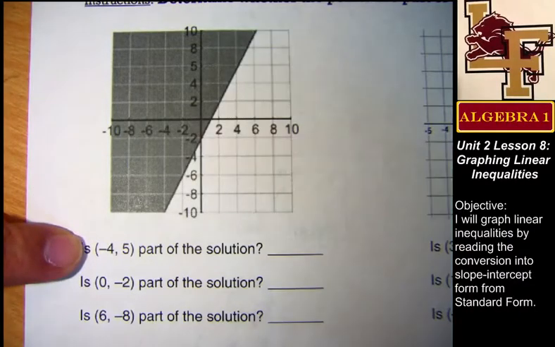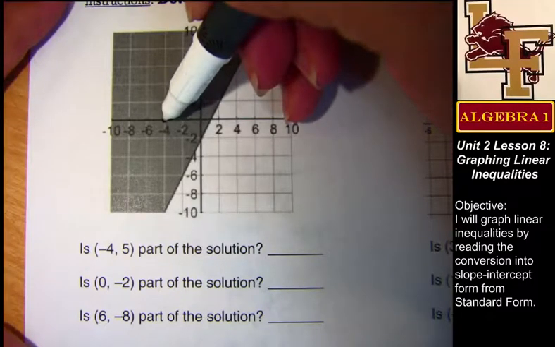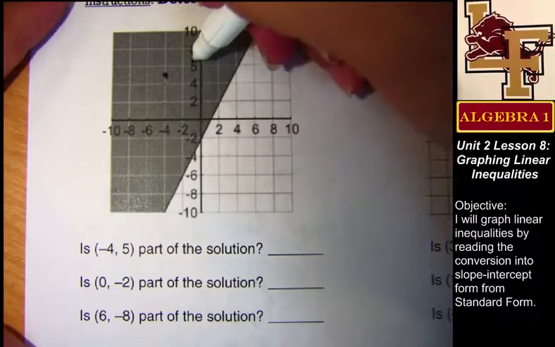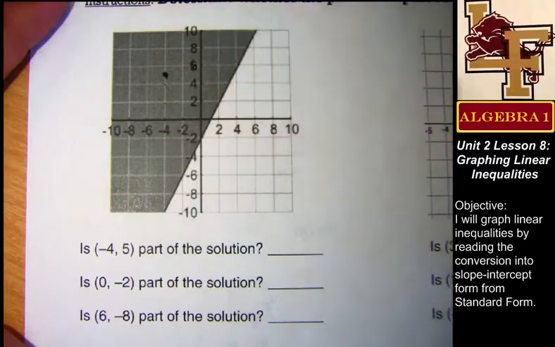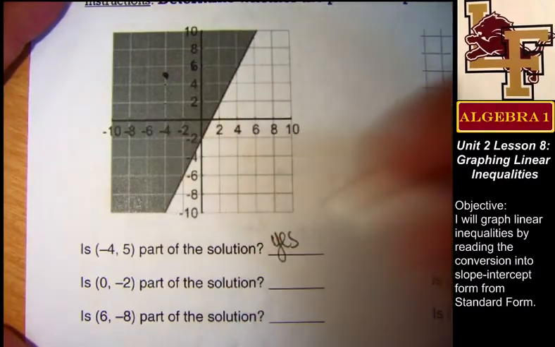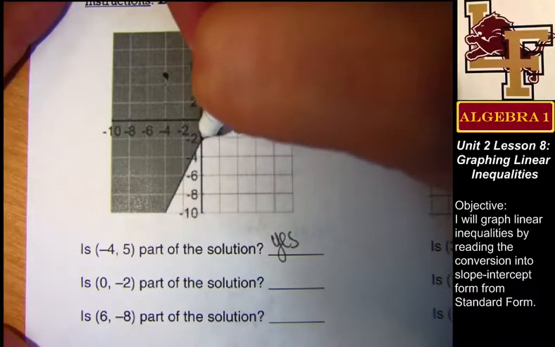-4, comma 5. I'm going to start at the origin. I'm going to go to -4, and then I'm going to go up to 5. Right here. That was a typo. Is that in the shaded part? Yeah. All right, this is part of the solution. Let's graph the next one. 0, -2.